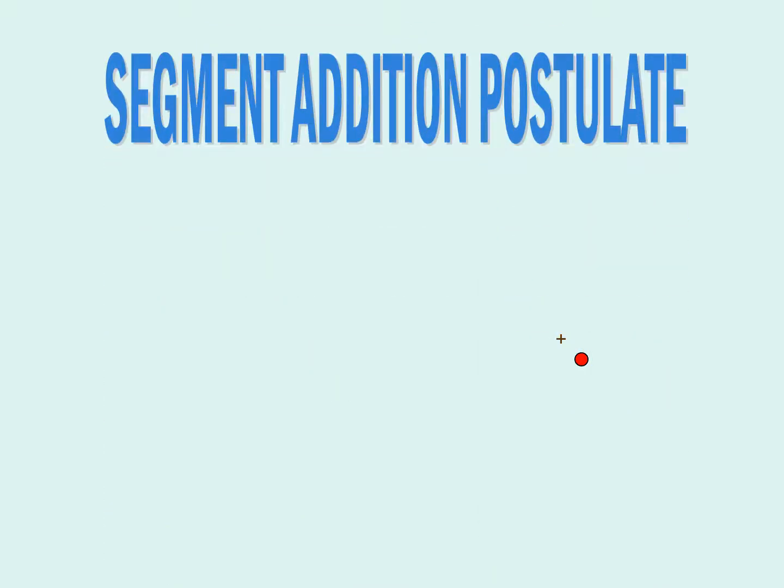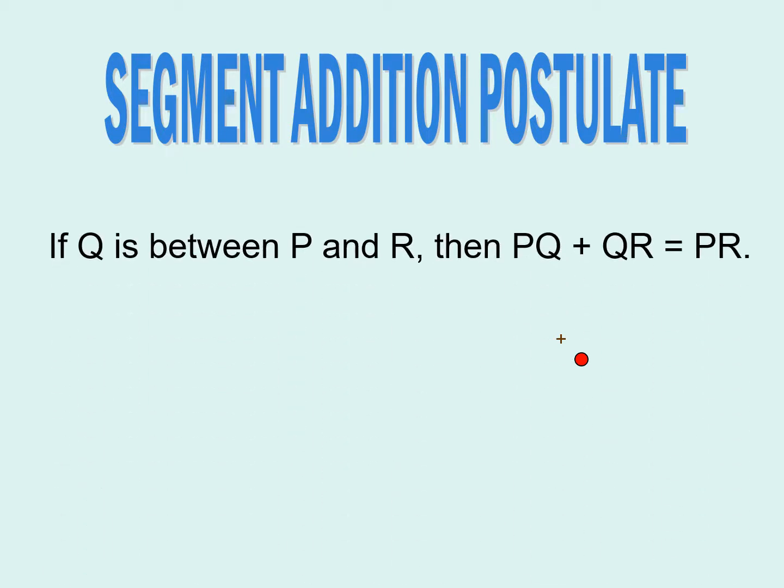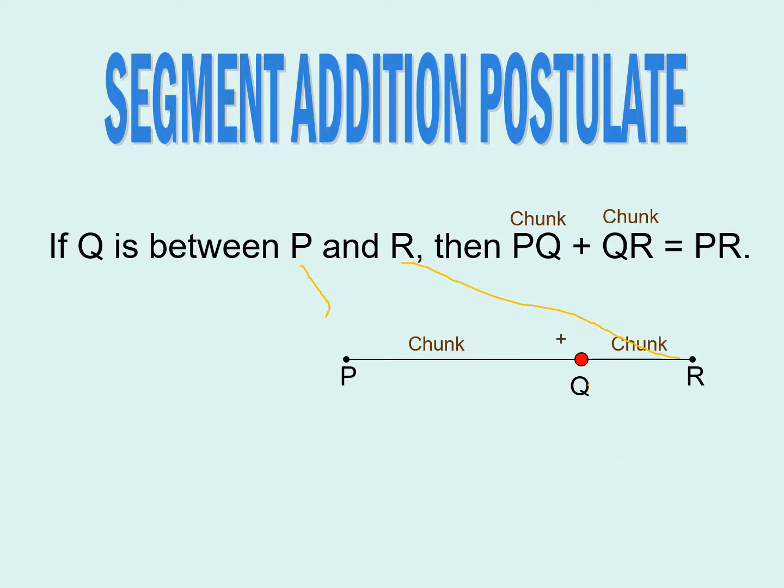All right, the segment addition postulate says if Q is between P and R, then PQ plus QR must equal PR. So if Q is between P and R, here's P, here's R, this must be Q. Then the chunk PQ plus the chunk QR must equal the total of PR.